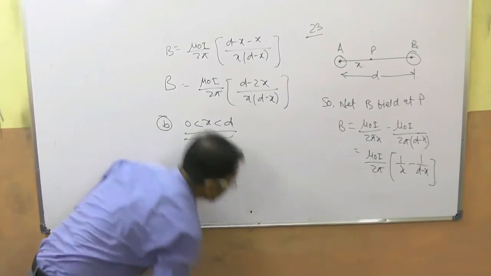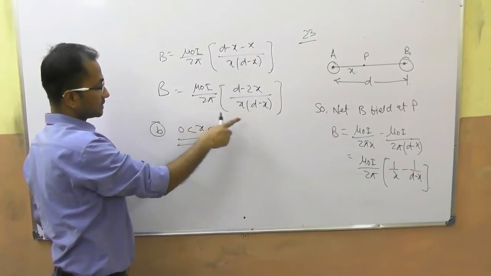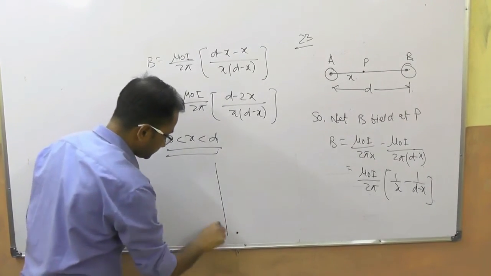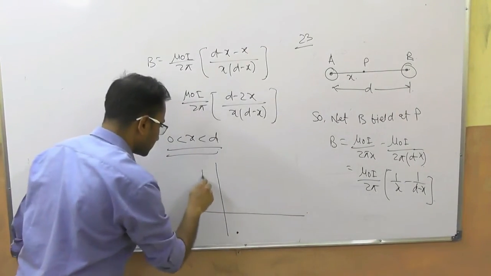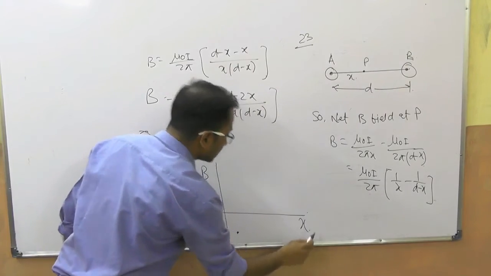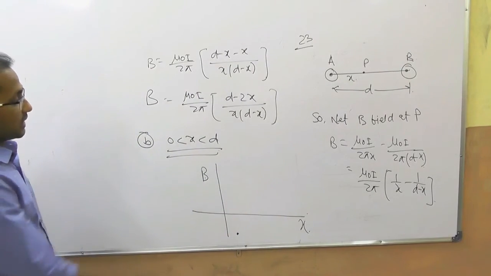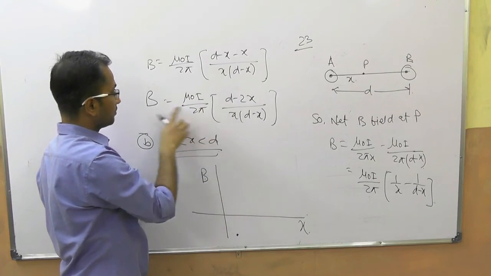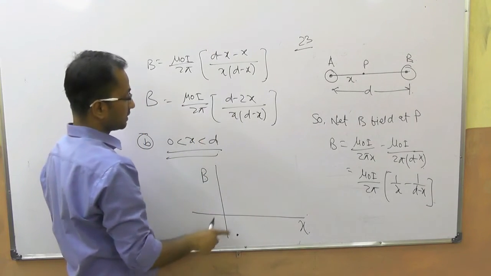Now we have to plot B versus x. This is B, this is x. At x equal to 0, the numerator becomes d and the denominator becomes 0, meaning B is infinite.